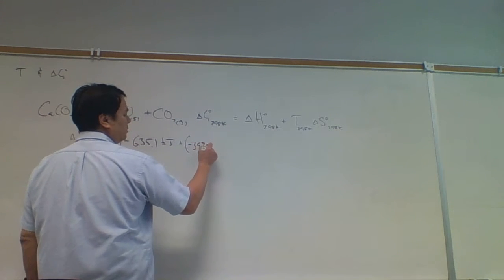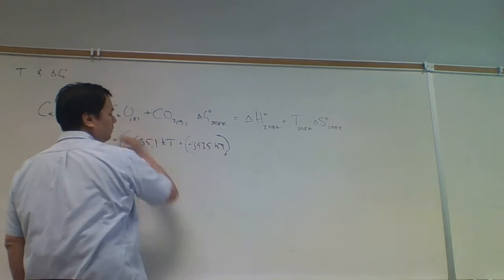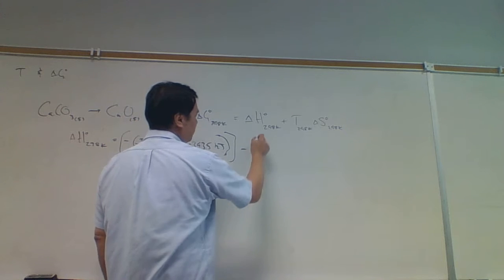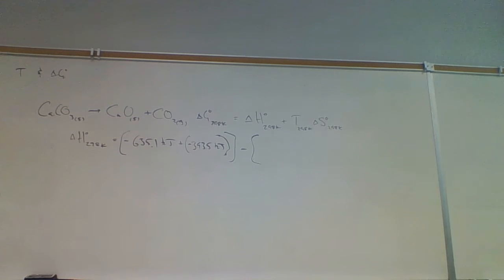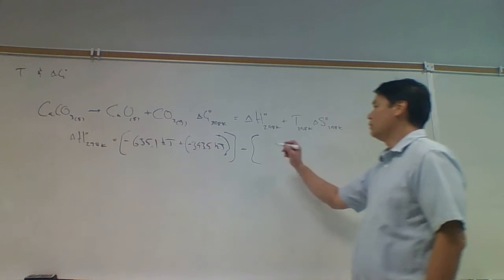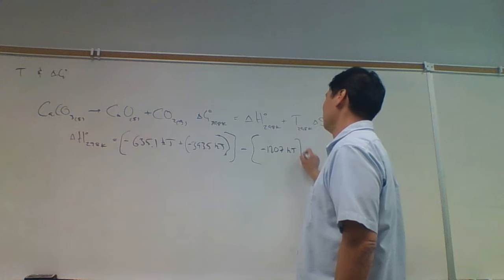So we sum up the products, 1 mole, and then minus the reactants, calcium carbonate, minus 1207. We have 1 mole of that as well, so minus 1207 kilojoules.